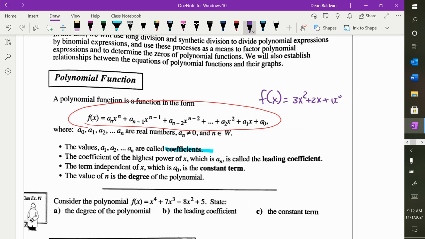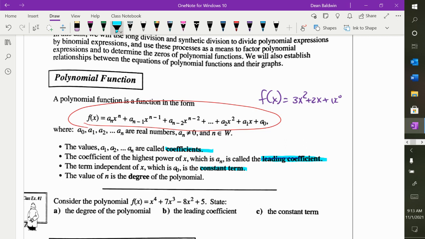The number in front of the term with the highest degree is called the leading coefficient. The term that has no variable, or is in this case x to the 0, is called the constant term.